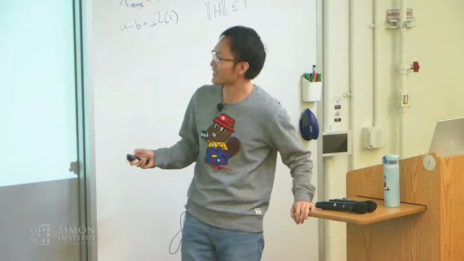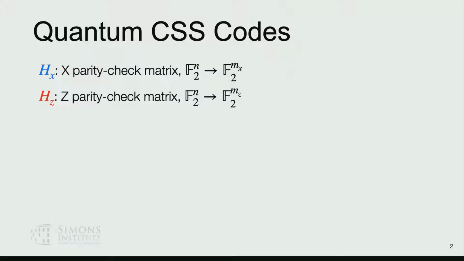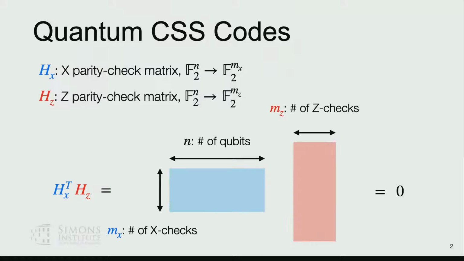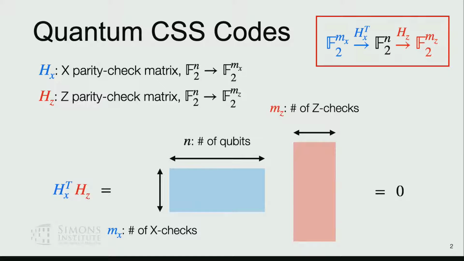Okay, so we'll quickly review quantum codes. Quantum codes are defined by two parity check matrices, Hx and Hz, and they satisfy this equality: Hx transpose times Hz equals 0. That's the standard definition for quantum CSS. But often it's useful to rewrite it into this form.